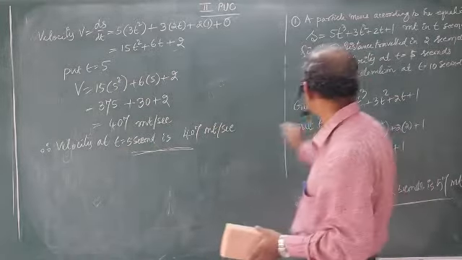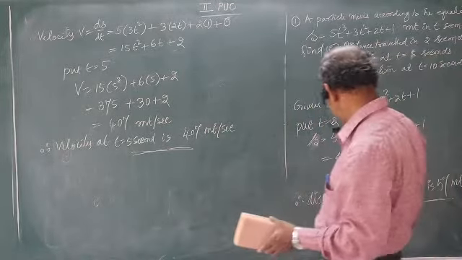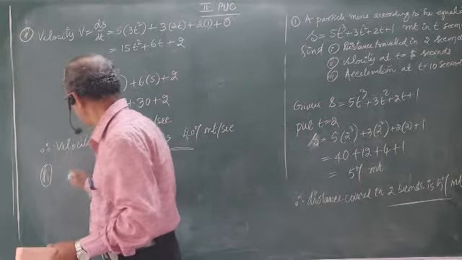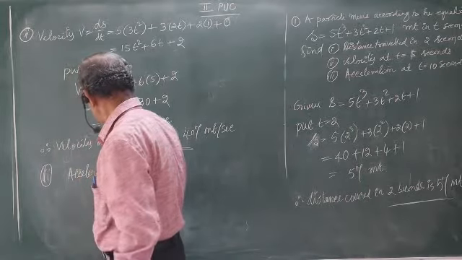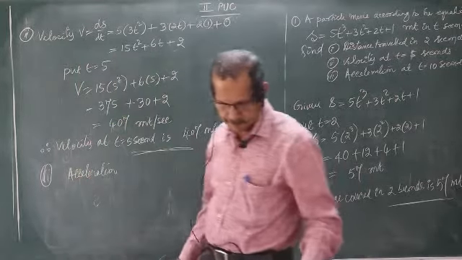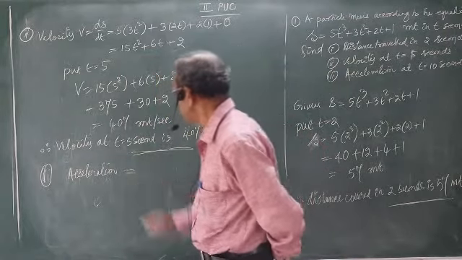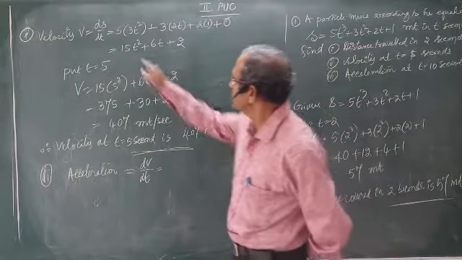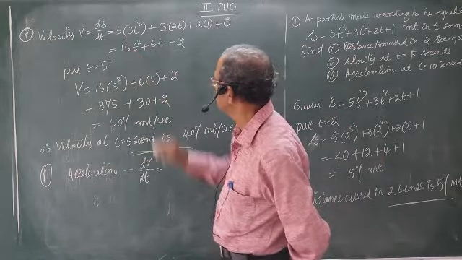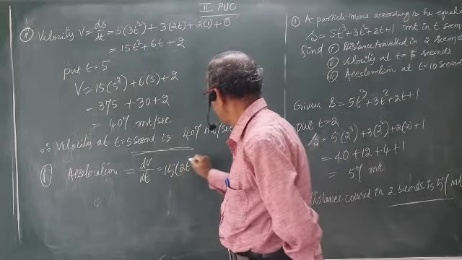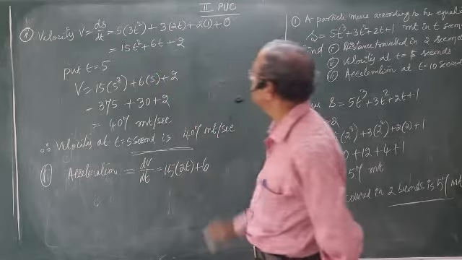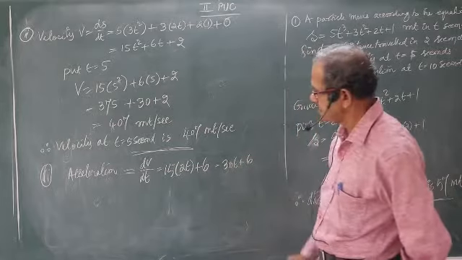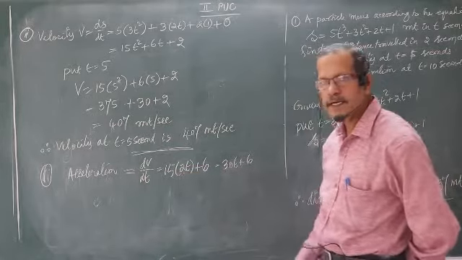Finally, one more question is there, no? Third one, acceleration. Acceleration equal to dv by dt. Velocity equation should be differentiated again. 15 into 2t plus 6, or it is 30t plus 6. 15 into 2, 30, 30t plus 6.